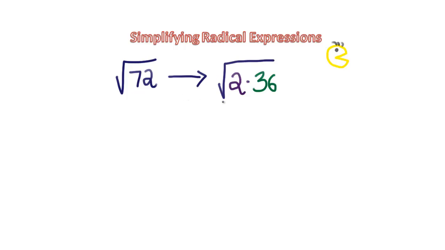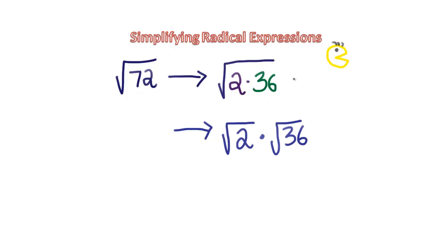But the reason I'm doing that is because now we have the square root of 2 times the square root of 36. And it's okay to rewrite what we have here.